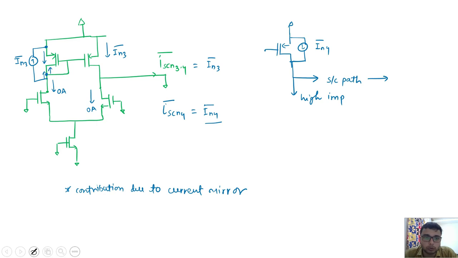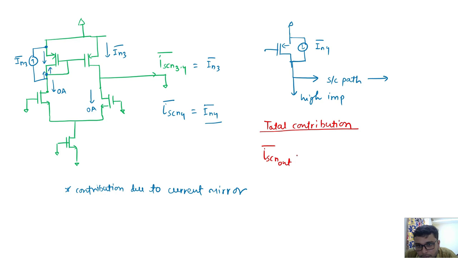Now I will see the total contribution, and one more thing that I will write here. The noise parameters are not added at the output arithmetically, they are added like root mean square. So how will they get?